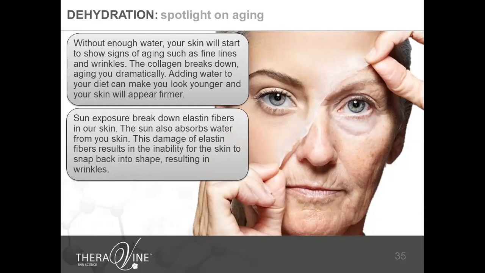So if you think of an elastic band, and that elastic band is really old, it's almost like an elastic band dries out over the years. And if you pull it then, it can a lot of times literally snap because it's so dried out. And that's basically what happens to your skin when it is dehydrated.